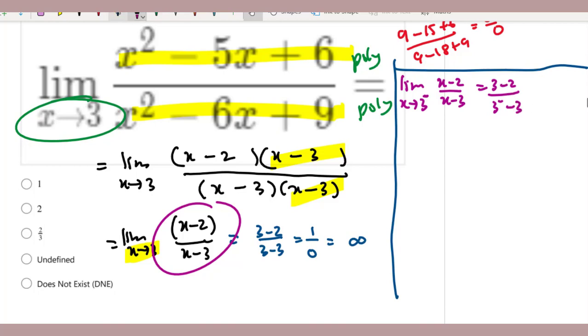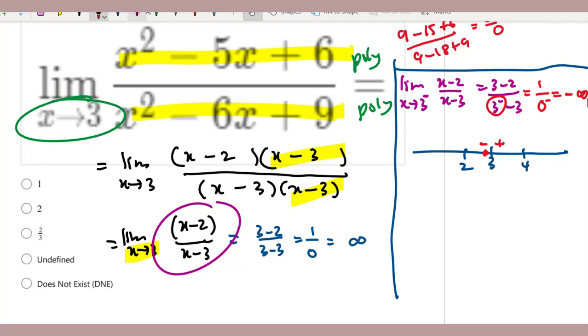According to the number line, 3, 2, 4, 3 on the left means the value is 2.999, which is less than 3. So less than 3 minus 3. So the answer should be 1 over 0 negative, or negative infinity.